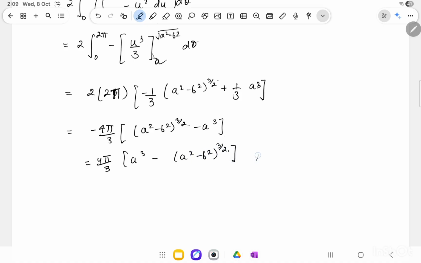So this is basically the final answer, the common volume between the cylinder and the given sphere, in cubic units.